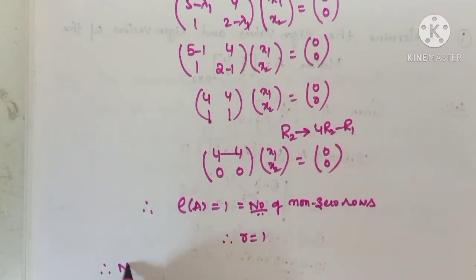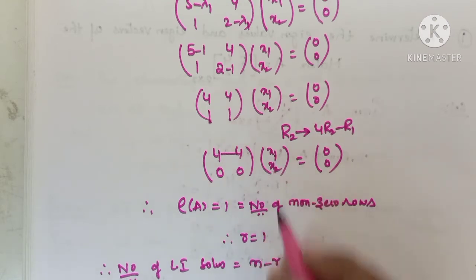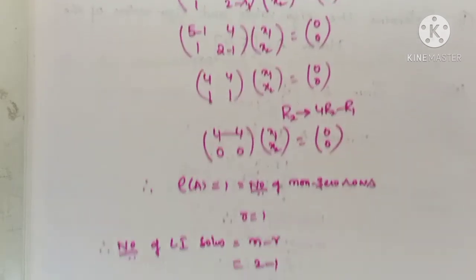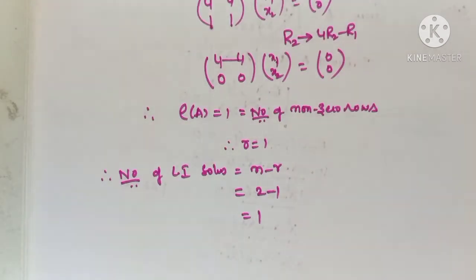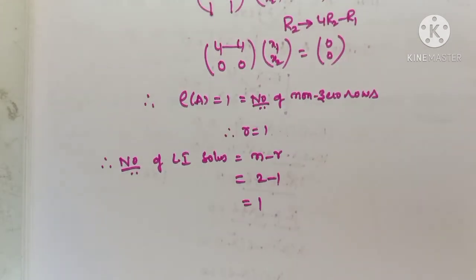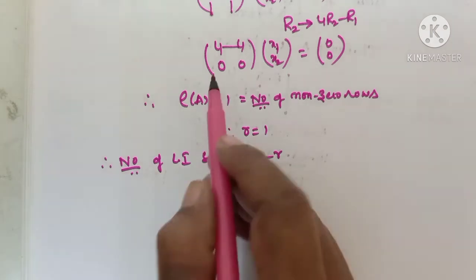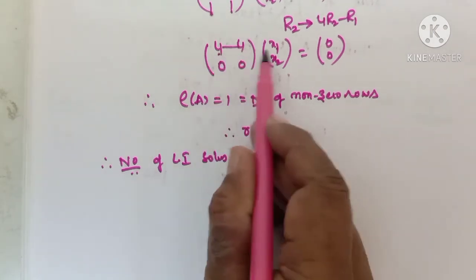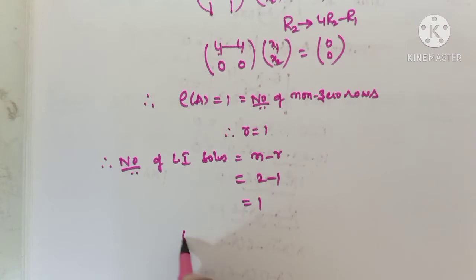Therefore, the number of linearly independent solutions is equal to n minus r. Number of variables is 2 and rank is 1. So we are getting only one linearly independent solution. That one linearly independent solution is given by 4x1 plus 4x2 equal to 0.